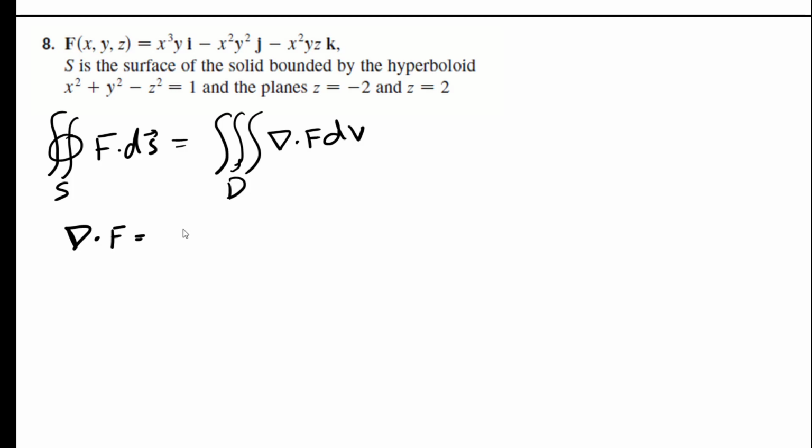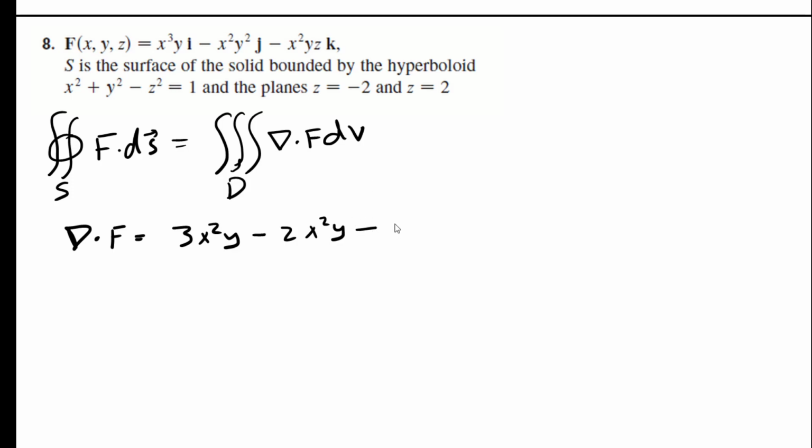So this is going to be the derivative of the x component with respect to x, so that's going to be 3x squared y, plus the derivative of the y component with respect to y, which is minus 2x squared y, and, interesting, minus the derivative of the z component with respect to z.